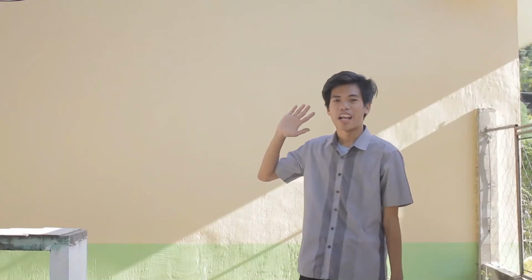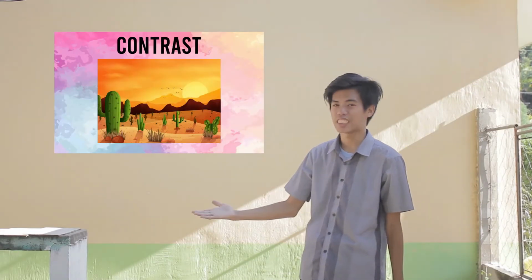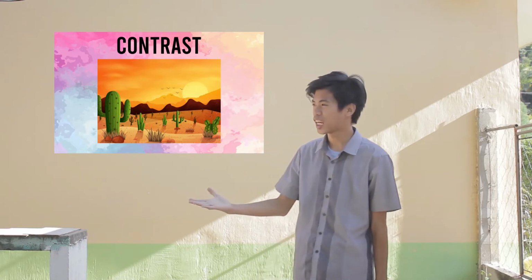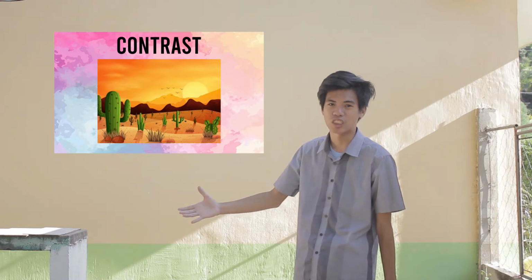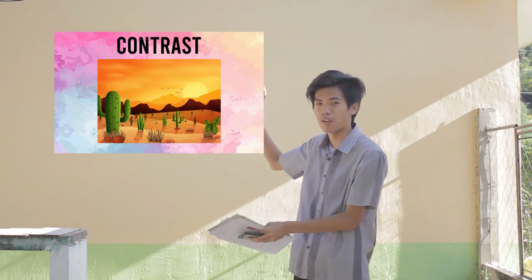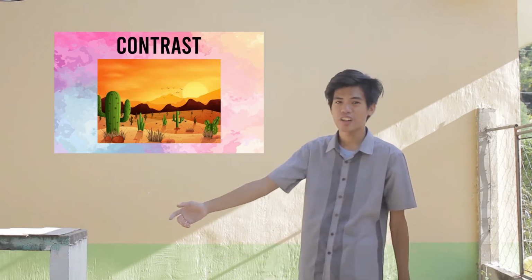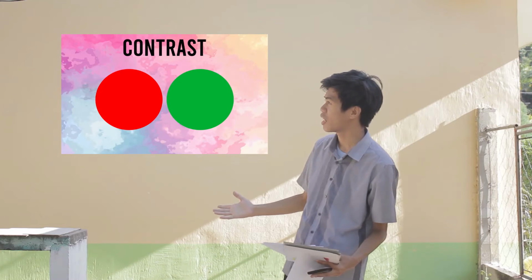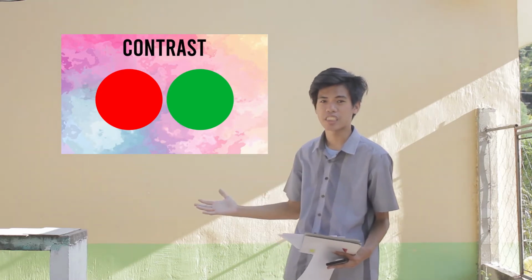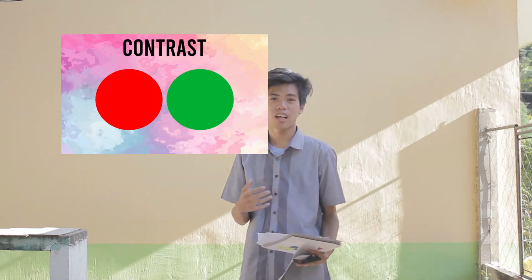So, here in the example, as you can see, contrast is like a cactus and a sun. It is an example of contrast. A cactus here and a sun behind the cactus. Contrast can also be done by colors, like in this example, the red and the orange. So what do you think?